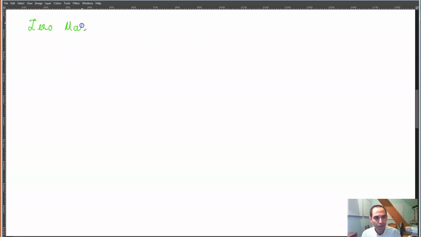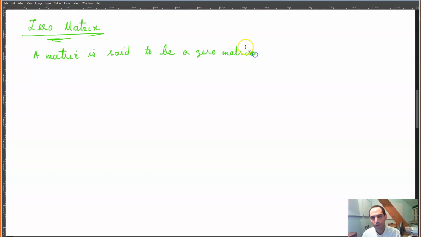A matrix is said to be a zero matrix, or null matrix, if all of its elements are 0, right?